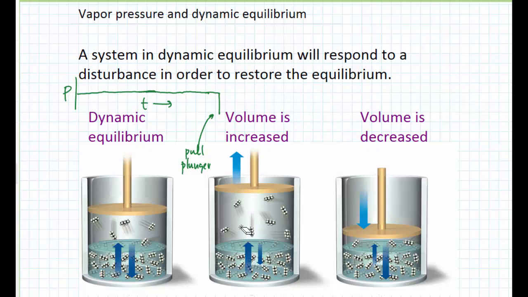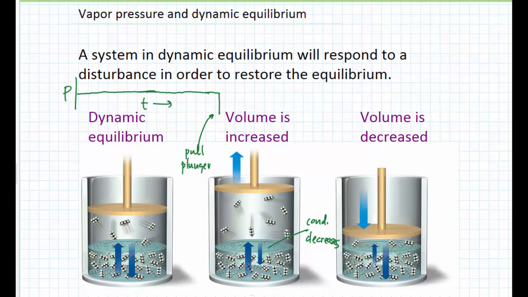So right here, what happens? Condensation rate decreases. We're still vaporizing the same, but now we won't be condensing as much. So what is going to slowly start to happen to that pressure because we're not condensing as much?